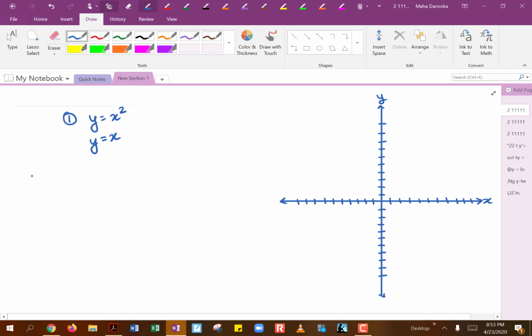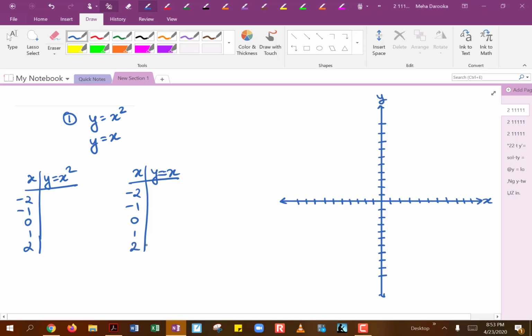For y equals x squared, let's go ahead and do a table. And here again, we can use -2, -1, 0, 1, and 2 for our x values. And of course, we'll do another table for the y equals x function, and I'll use the same 5 points over here as well.